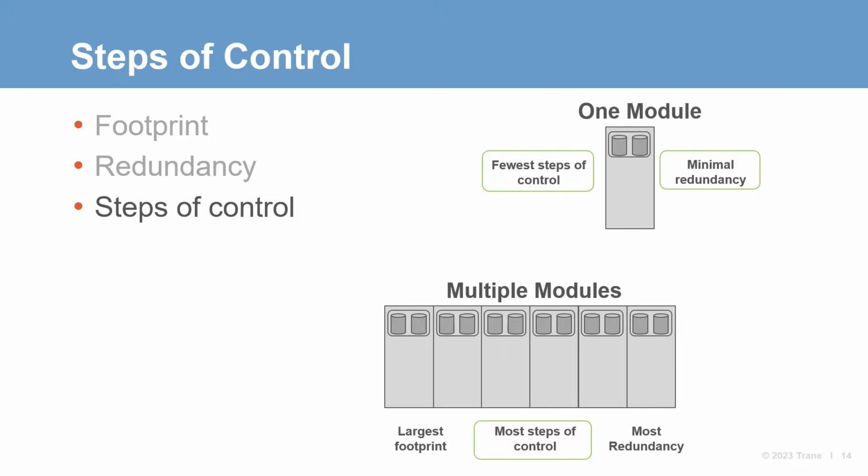Lastly, and arguably the most important, the steps of control needed in a modular chiller design should drive the number of modules used. When we say steps of control, we are really talking about the total number of compressors. Since most modules utilize on-off scroll compressors, a single module has only 2 steps of control, 1 compressor running and 2 compressors running.